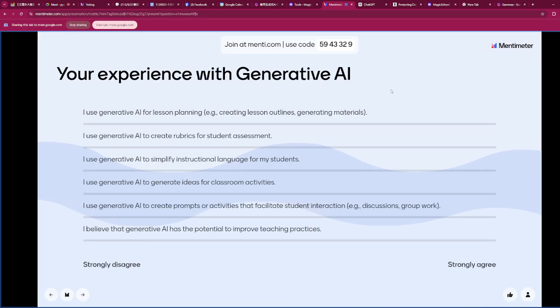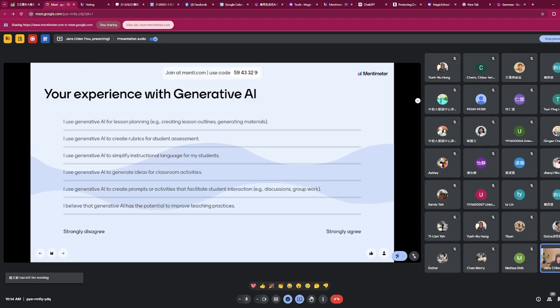My second survey before our lecture today is your experience with generative AI, because this is what I'm going to cover in this 2-hour session. I'm going to go over lesson planning using MagicSchool AI, and the second topic would be rubrics for student assessment, because there's a rubrics generator on MagicSchool.ai.